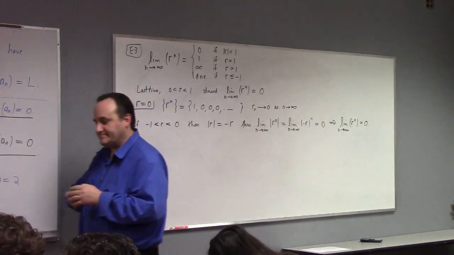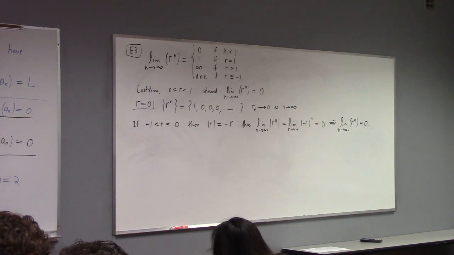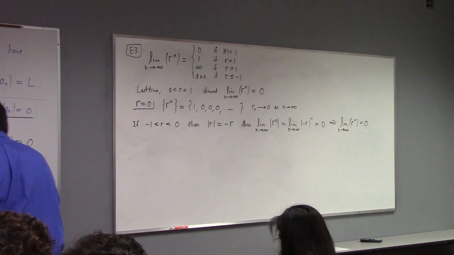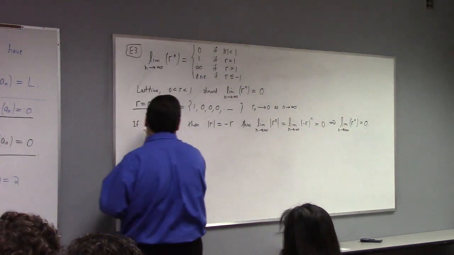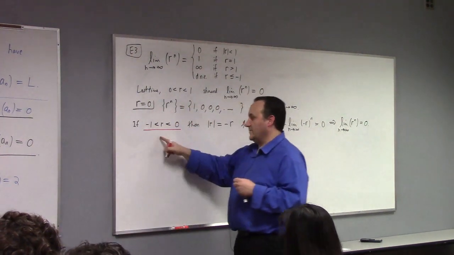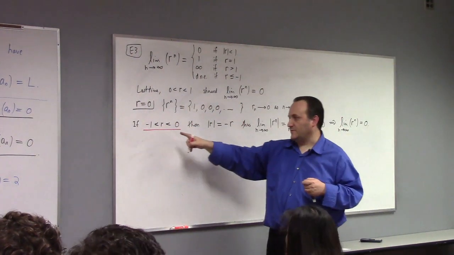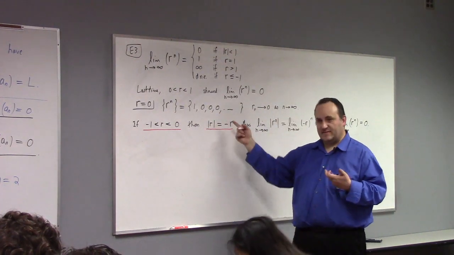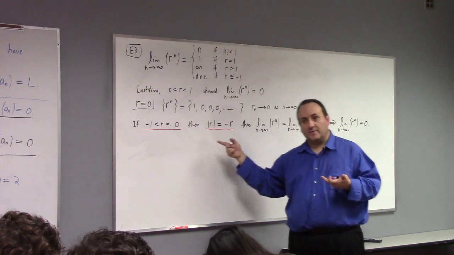Yeah. For the stuff, the absolute value of r is equal to negative r, we're using the first part of the assumption, not the 0, but the twice part. I'm using this assumption right here. So I'm assuming that r is negative and between -1 and 0. If that's the case, the absolute value is equal to minus what you're taking the absolute value of.